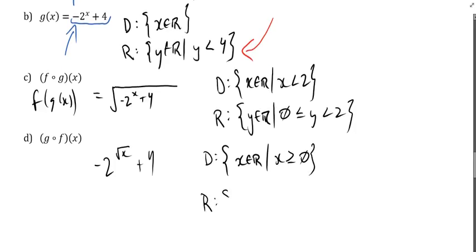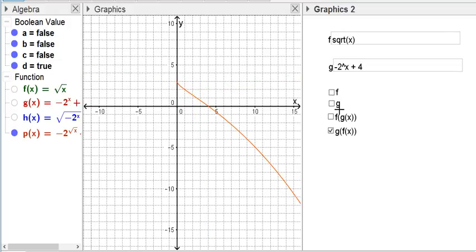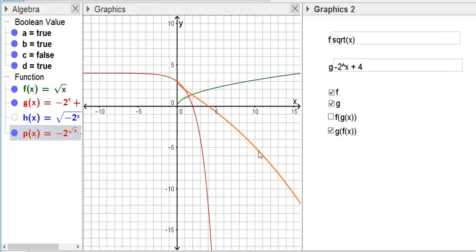And the range, y is an element of the real numbers such that, okay, so let's take a look at the graph. Whoa, it's orange. It's this orange one. Funky. So when I start putting in big numbers, the square root of 25 is 5. 2 to the 5 is 32.